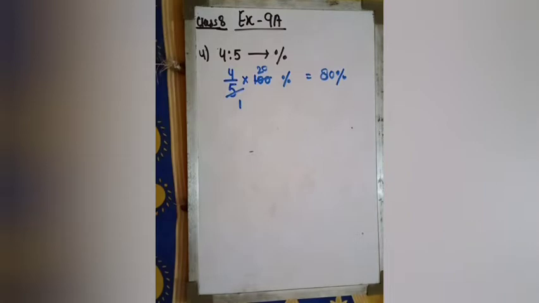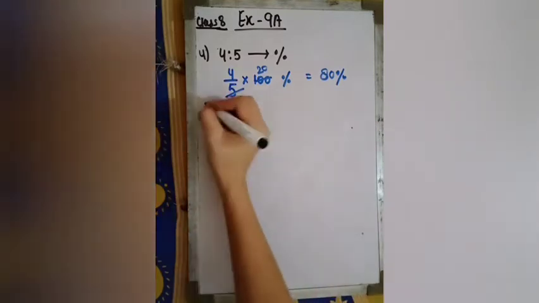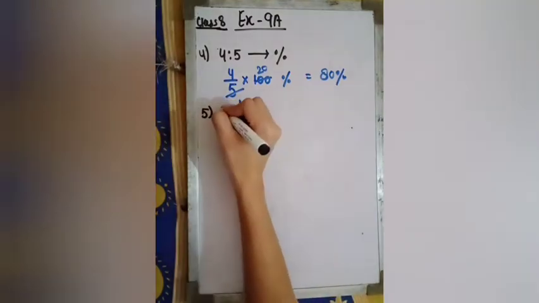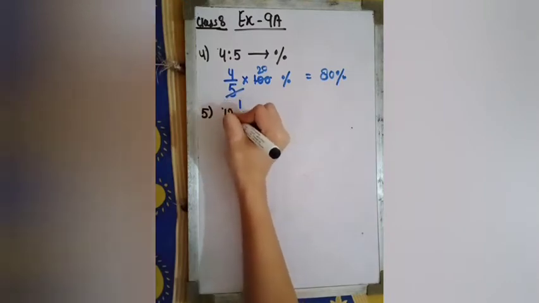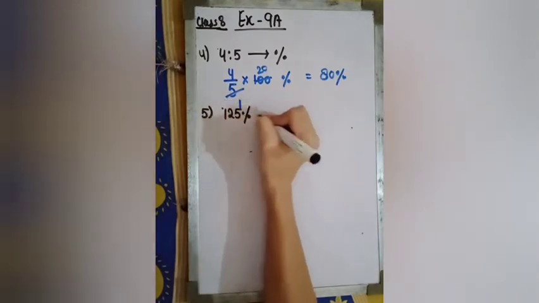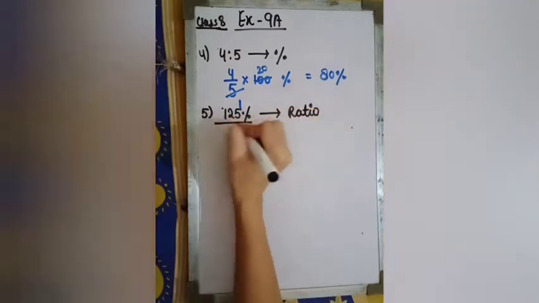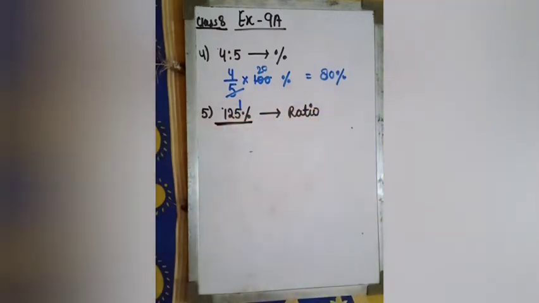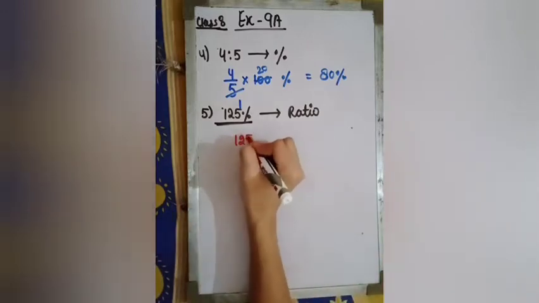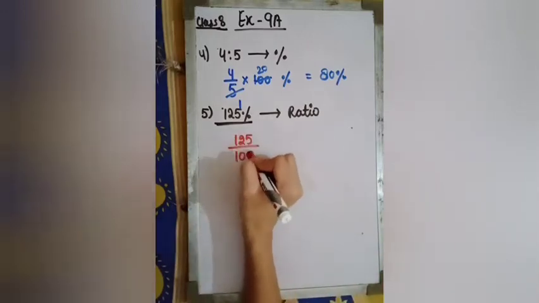See question number 5. Question number 5 is saying express 125% as ratio. We have to express this number in the form of ratio. That means we have to remove this percent sign, and to remove the percent sign we will divide it with 100.